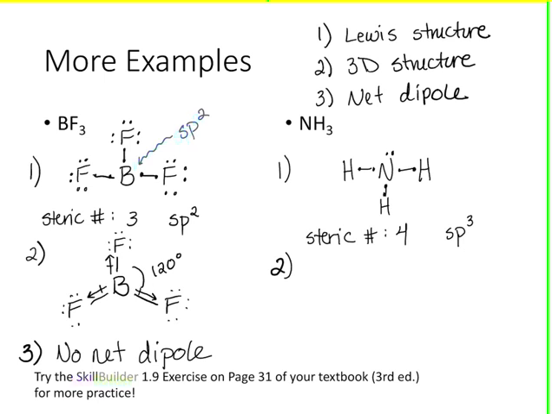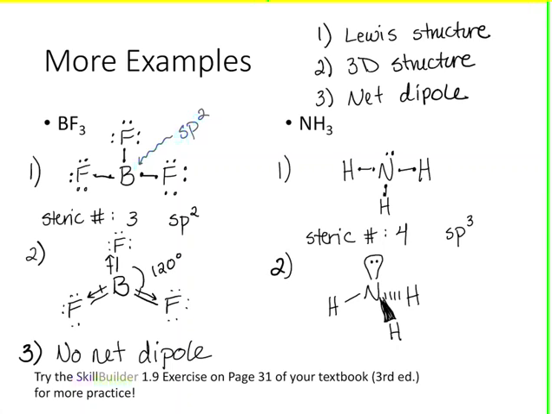Which one is this molecule? Trigonal pyramidal, because we do have that lone pair. So this molecule will look more like this, where we have sort of a pyramid shape on the bottom, and then the lone pair is by itself on the top. And that lone pair is really pushing those hydrogens a little closer together than they would be in a tetrahedral molecule. Lone pairs need a lot of space to themselves.